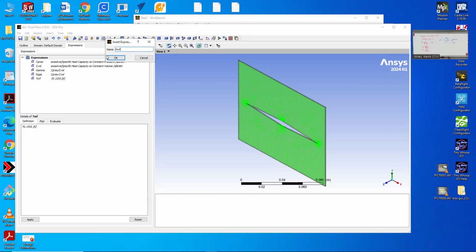We have P infinity, which was 6722 pascals. Now we can throw in our speed of sound at infinity, which is the square root of gamma times R gas times T infinity.